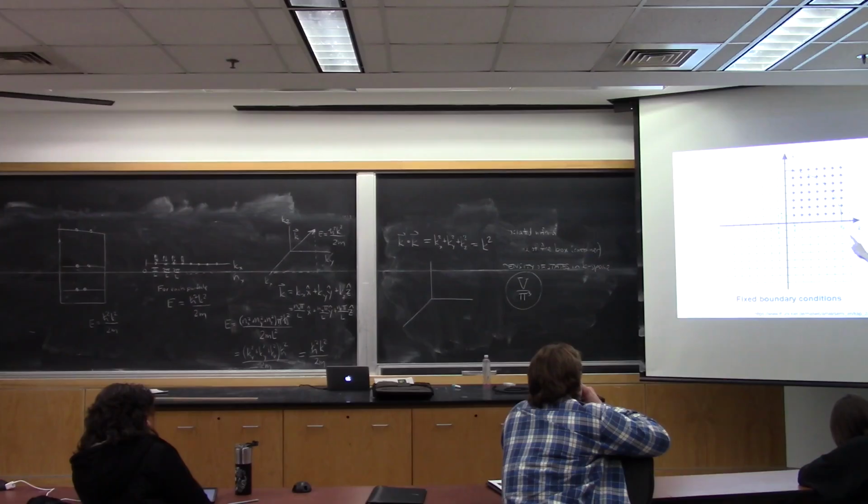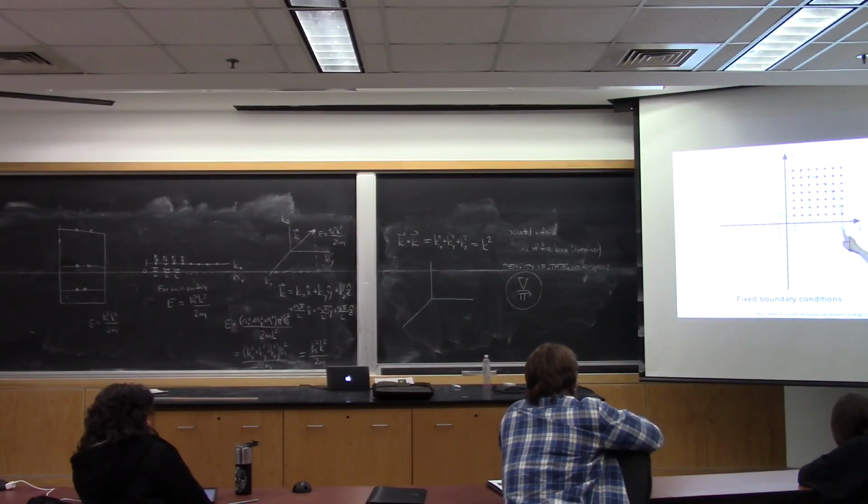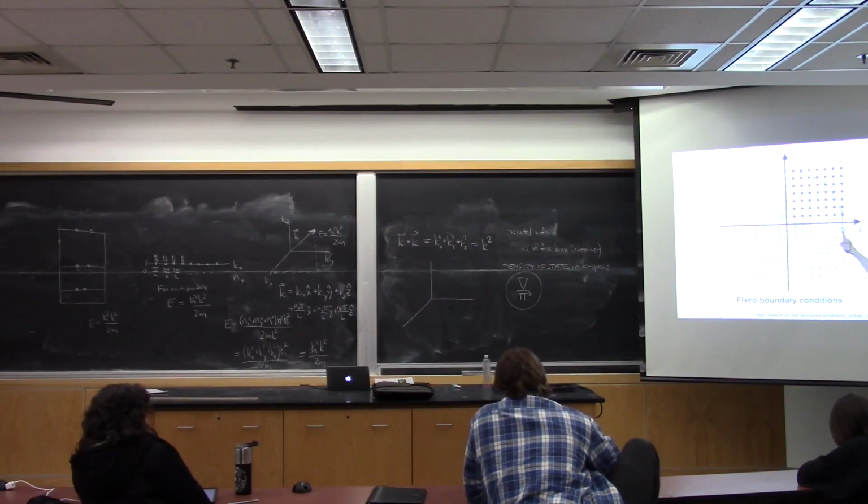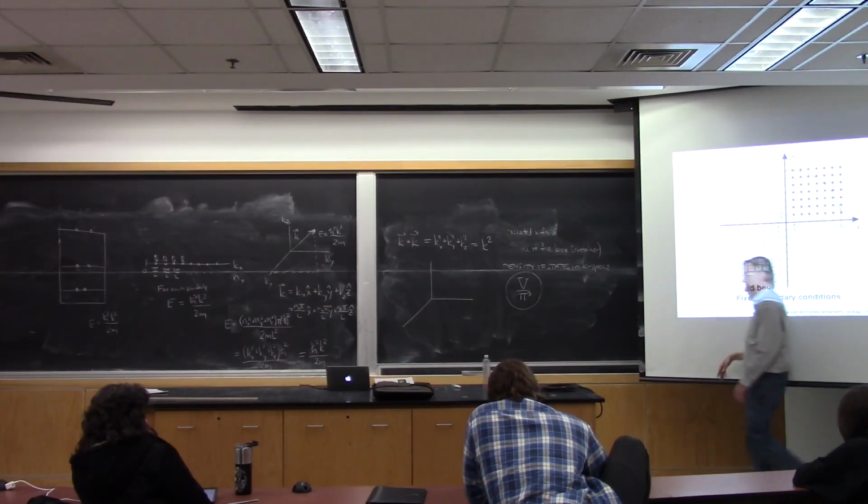So the radius of that circle is what we call k sub f, the Fermi radius in k space, and h bar squared k Fermi squared over 2m is the Fermi energy.